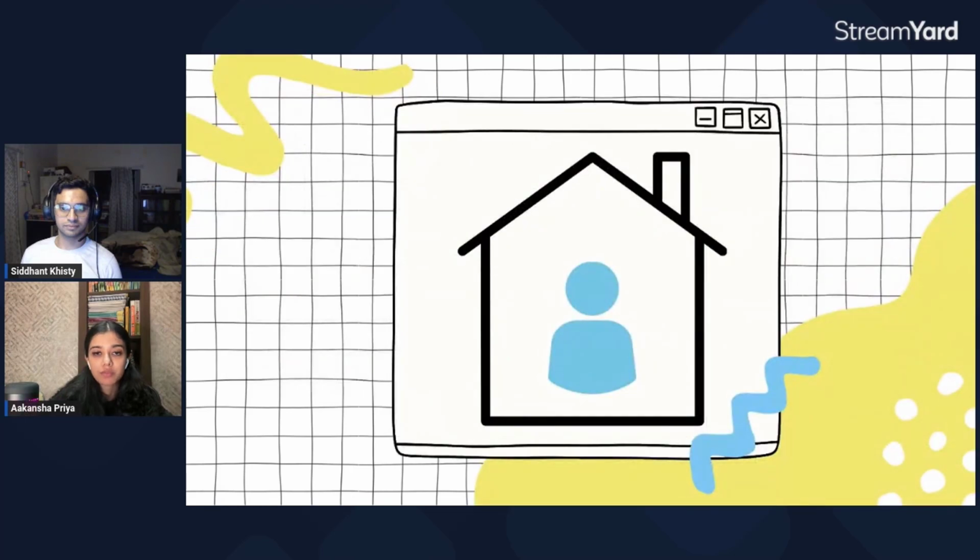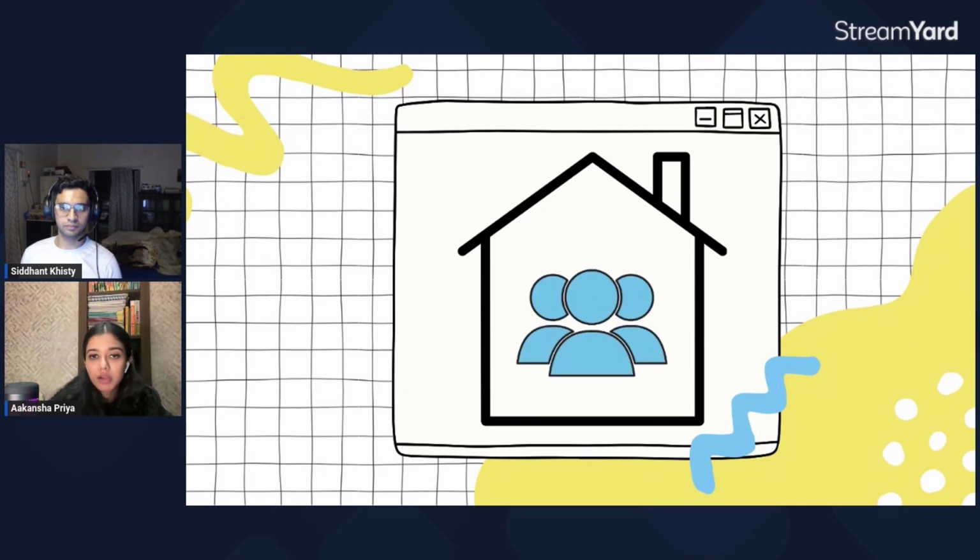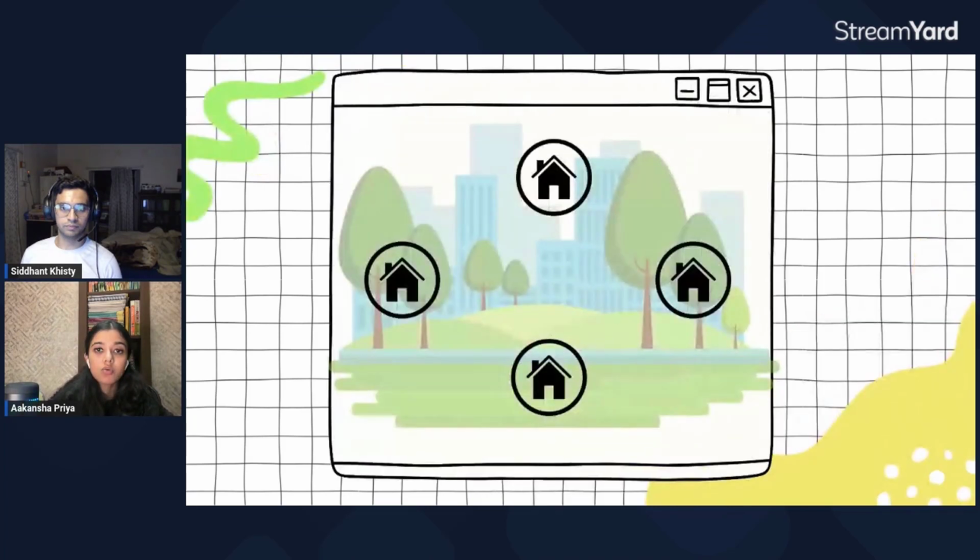And yeah, so now comes the home. This is a home, and there could be one person who is staying, or there could be multiple people who are staying inside those homes. Now in the city, there will be, of course, a neighborhood. So there are these four isolated homes, and currently they have no communication and are totally isolated.